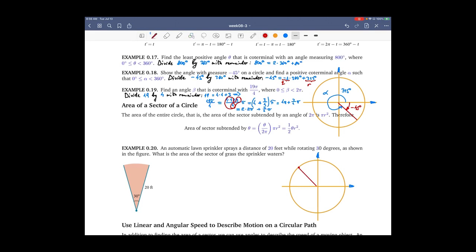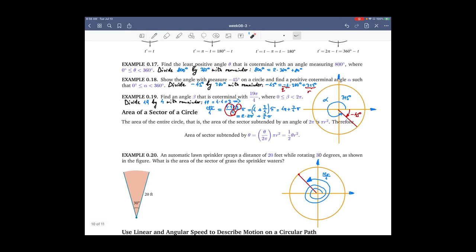And the angle is this. 1, 2, 3. 19 pi over 4. So we are looking for the coterminal angle beta, which is in the range 0 to pi.